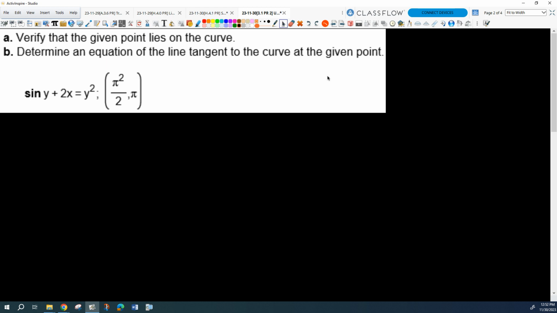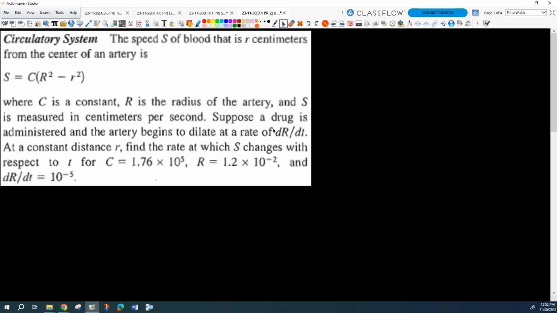All right, so what about, I'm going to come back to this one. I want to make sure we get through this one first. I like this one. So this is actually a real application here. The speed S of blood that is little r centimeters from the center of an artery is given by this equation: S is equal to C times the quantity capital R squared minus r squared, where C is a constant, which they're going to give us.